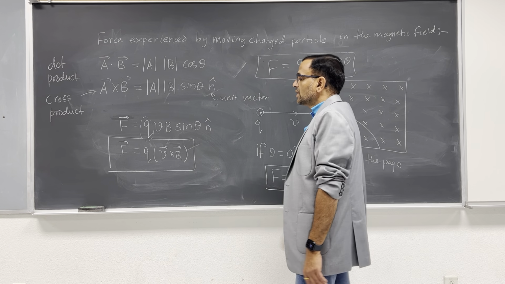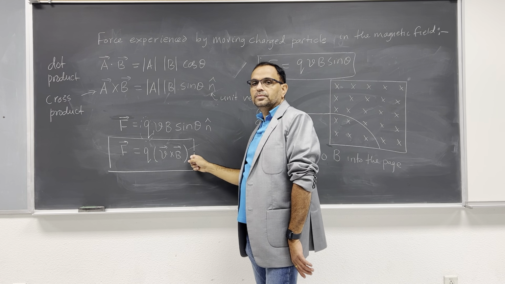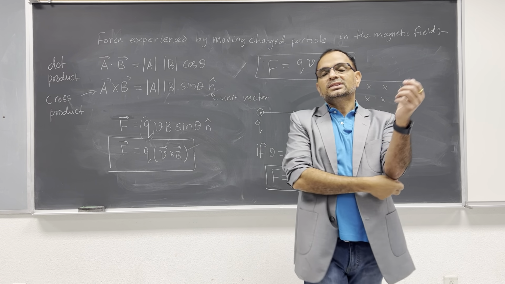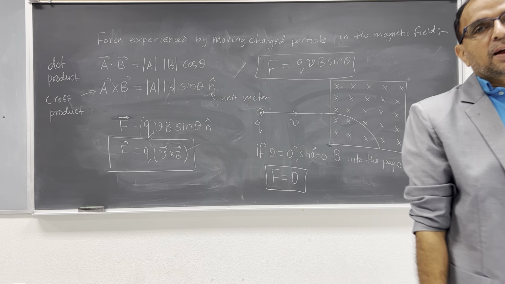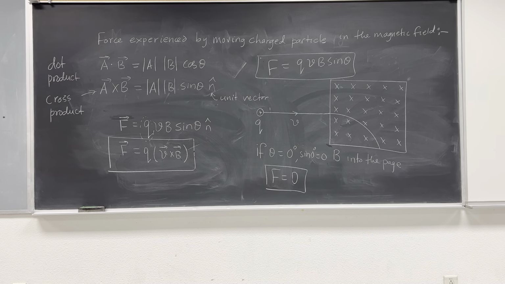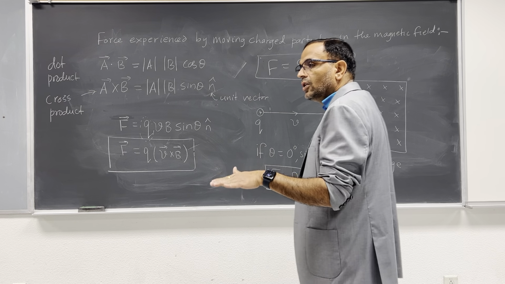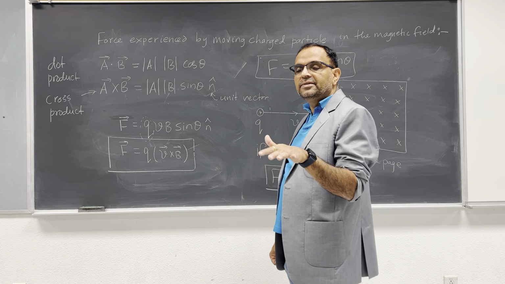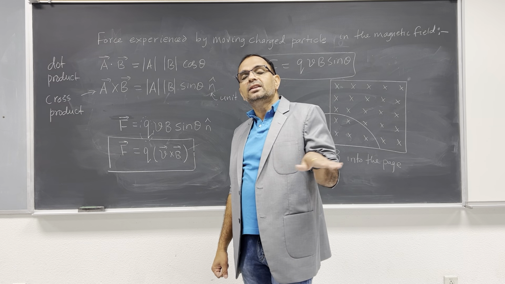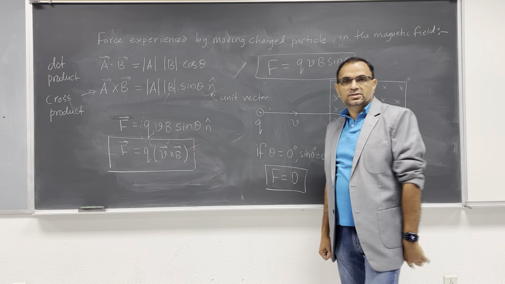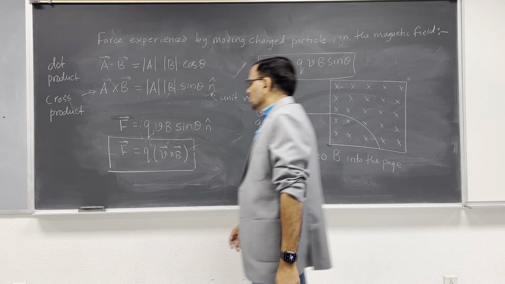But if you want to write in vector notation, you can do this also. This is the force experienced by the moving charged particle inside the magnetic field. Please don't forget, the charged particle inside the magnetic field: if it is at rest, or moving parallel or anti-parallel to the magnetic field, no force.